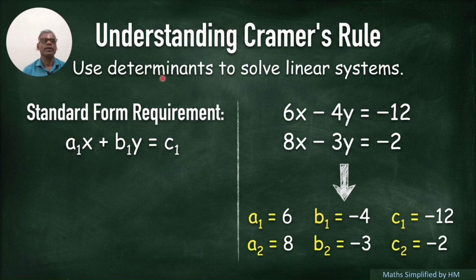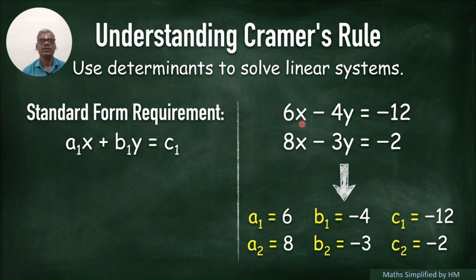Understanding Cramer's rule. Use determinants to solve linear systems. The standard form required here: please write each equation in the form a1x plus b1y is equal to c1. Now consider our system.